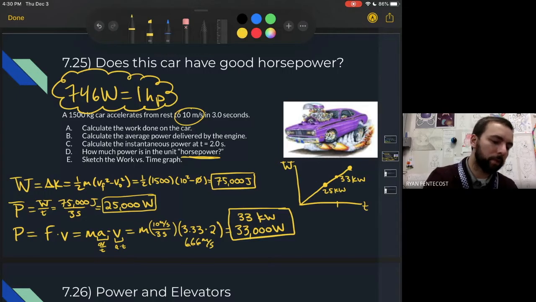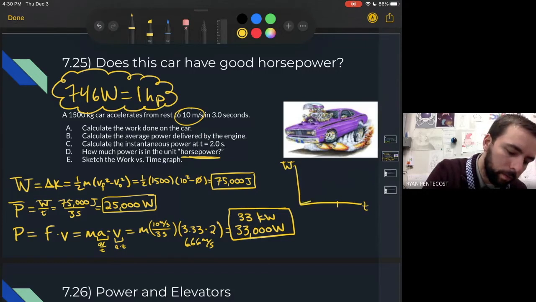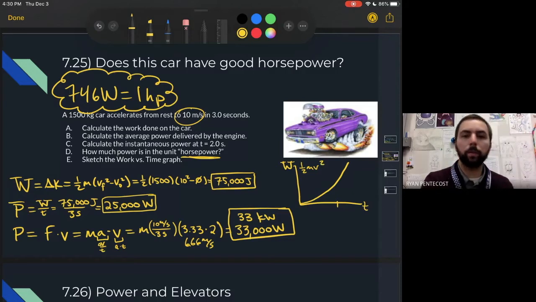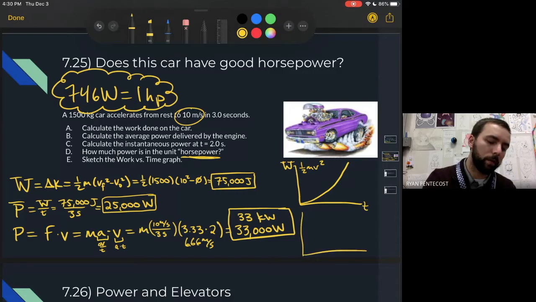Oh, actually, work versus time would be parabolic, because work, in this case, since we're talking about velocity, is going to be equivalent to a 1/2 mv squared graph. So you would have a parabolic graph for work versus time, which means that if you take the derivative of a parabola, you get a line. So that's why our power versus time line that I drew would be linear.